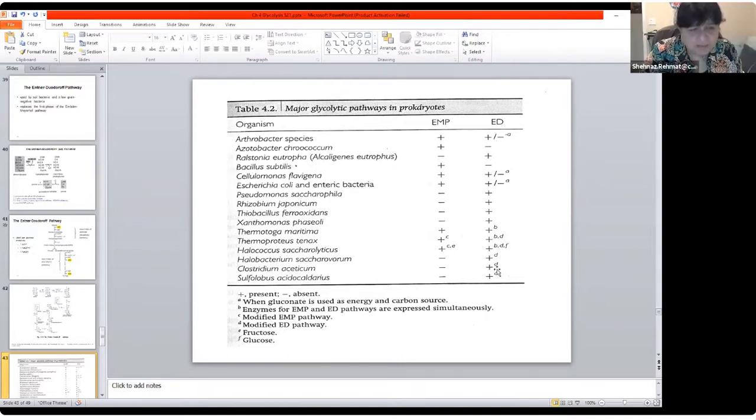So these are some special bacteria that are using the ED pathway, and they are not using the EMP. Also the Halobacterium, the Clostridium aceticum, and the Sulfolobus. We will talk about these bacteria very soon. Also, they have the ED pathway; they don't have the EMP there.